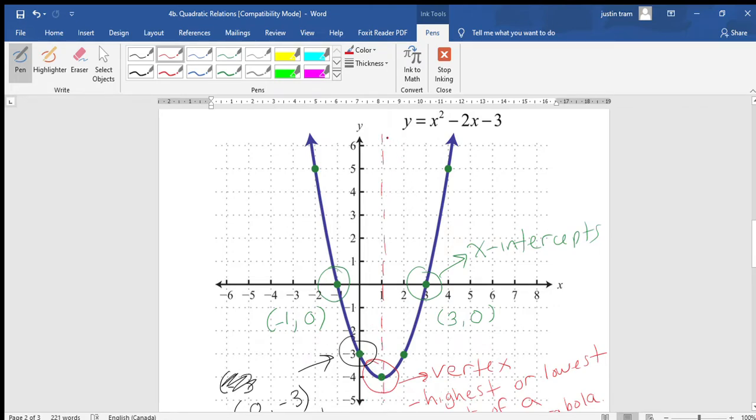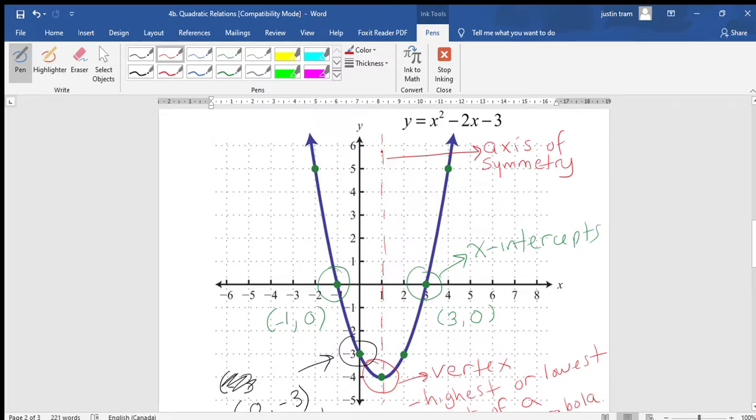Now this line that I drew, this is what we call the axis of symmetry. So in this case, if I were to ask you, what is the equation of the axis of symmetry of this particular parabola, you would tell me it's this vertical line.